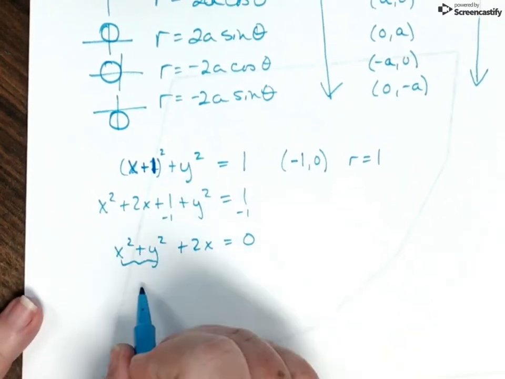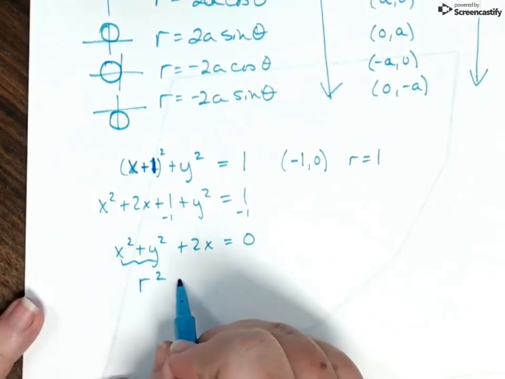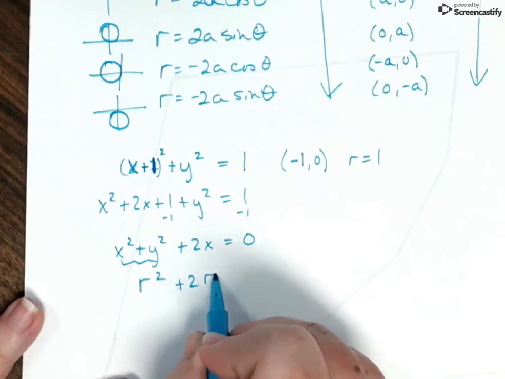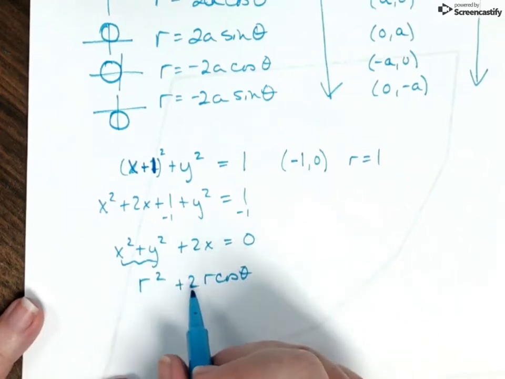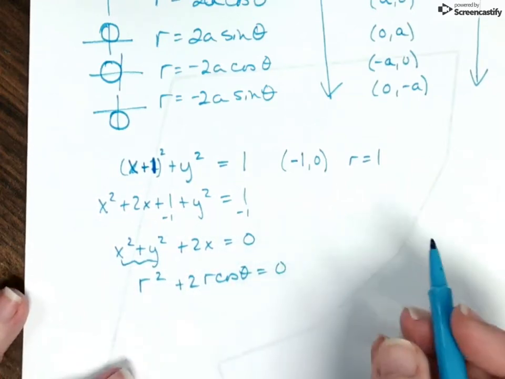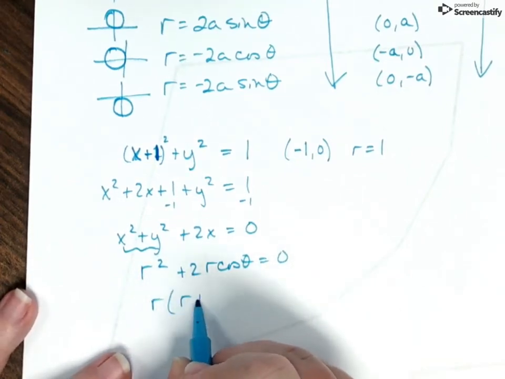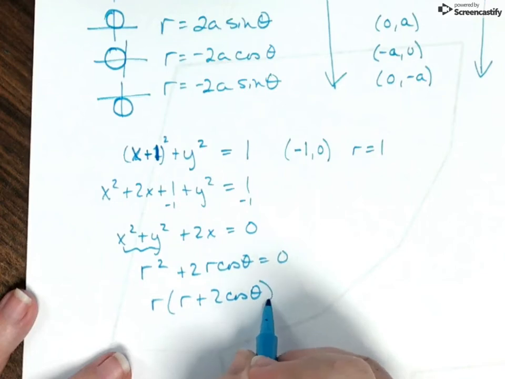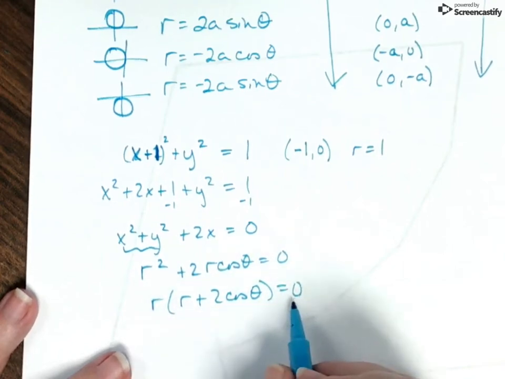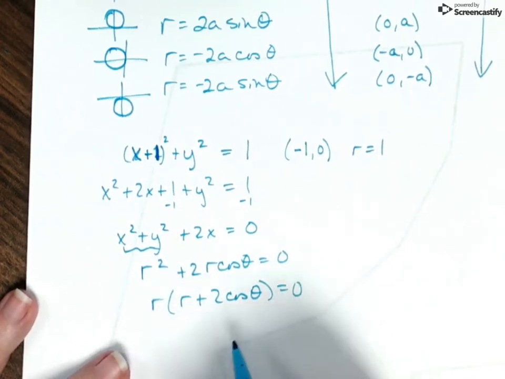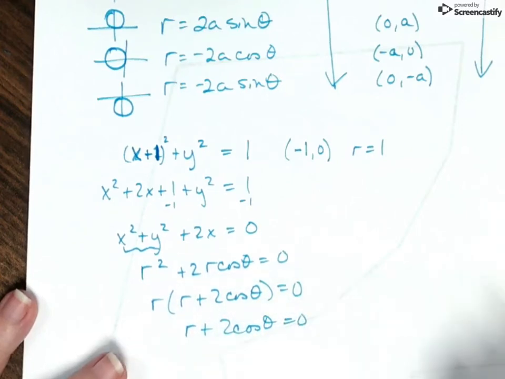I know that x squared plus y squared is r squared. I know that x is r cosine theta. I'm trying to isolate r, so let me factor out the r from both sides. I'll divide by r because we know the radius can't ever be 0. And so r plus 2 cosine of theta equals 0.